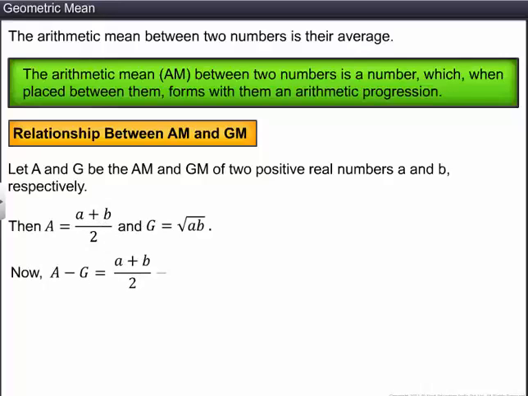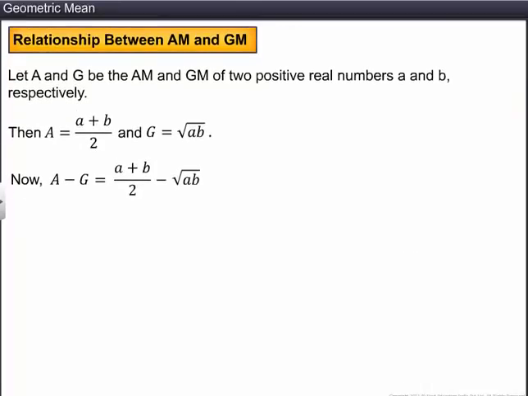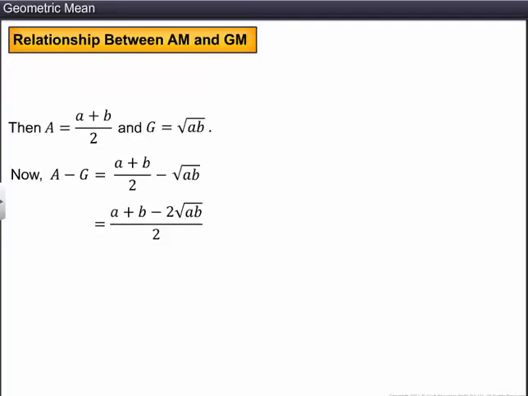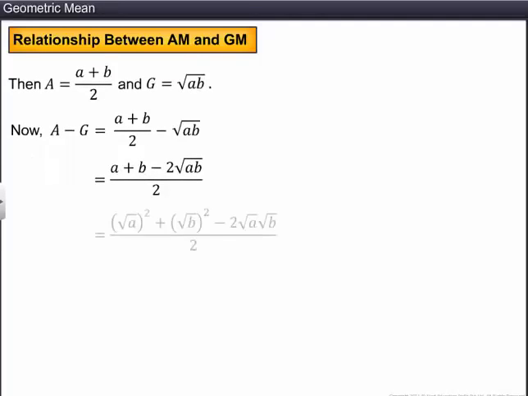This is equal to a plus b minus 2 times square root of a into b whole divided by 2. Now, a can be written as root a whole square and b can be written as root b whole square. This implies A minus G is equal to root a minus root b whole square upon 2, which is greater than or equal to 0.